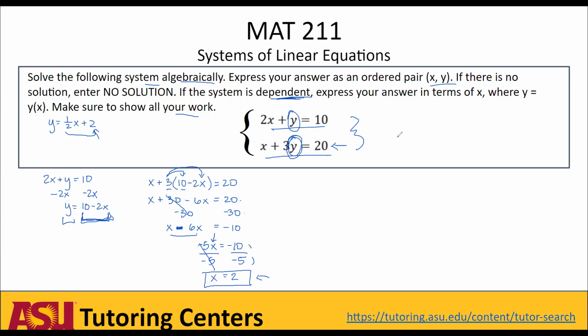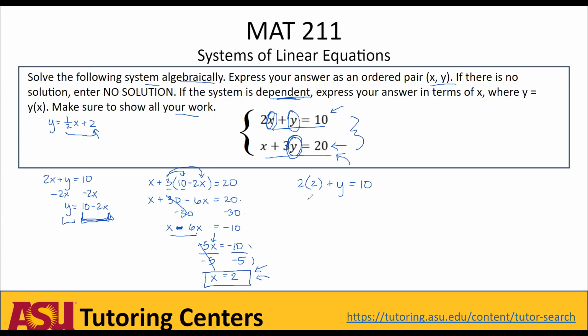So let's substitute this into our top equation again. You can do it in either, so feel free to check with the bottom one too to make sure that this works. So instead of our x here, we're going to substitute in our 2 from here.